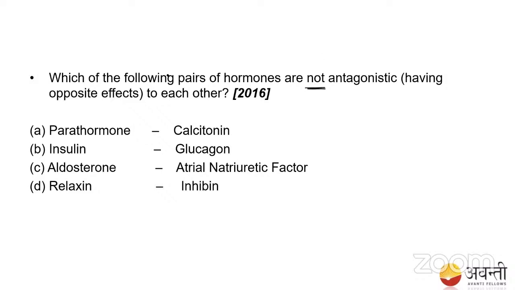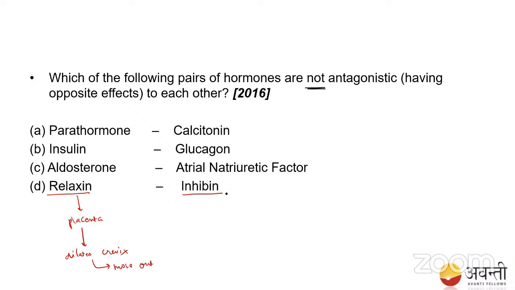The correct option for this question is option D, that is relaxin and inhibin. Relaxin is a hormone secreted by the placenta, and its function is to dilate the cervix so that the baby can easily move out.